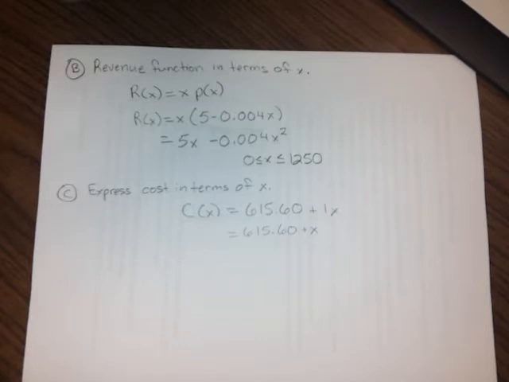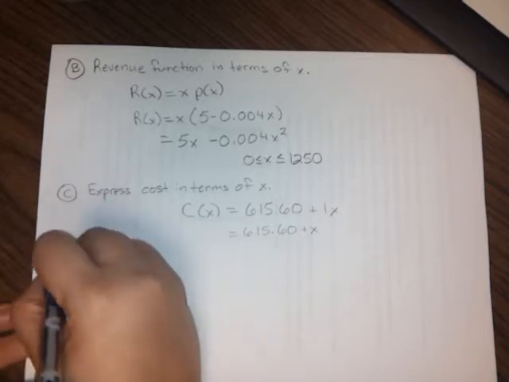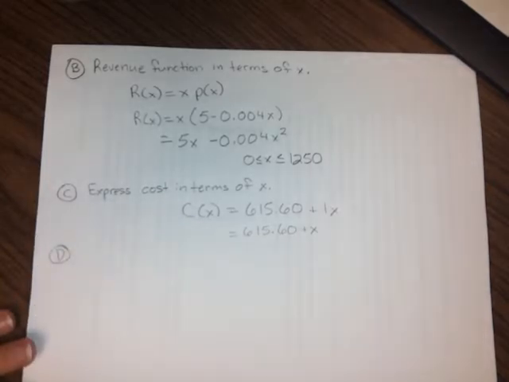Okay, and that is our cost function. So that's actually kind of simple as long as you know where to find those costs in the word problem. So now on to part D. In part D, they're going to ask you to graph the cost function and the revenue in the same coordinate system.